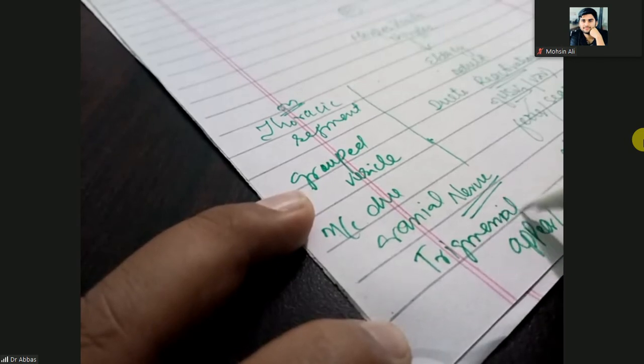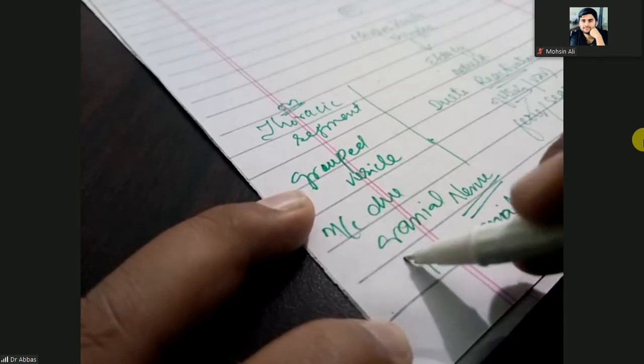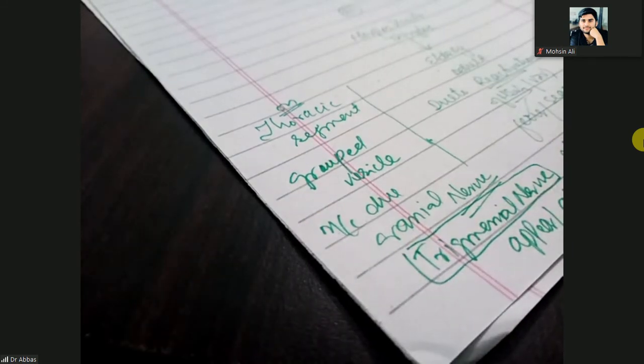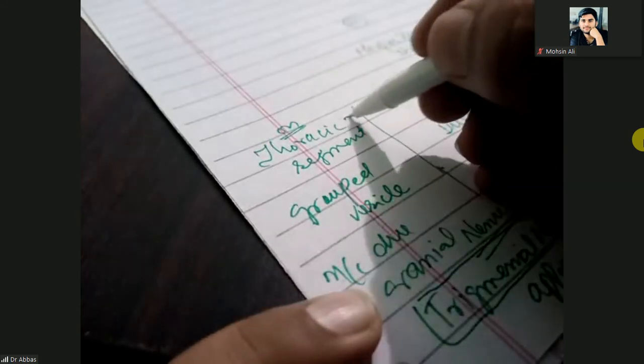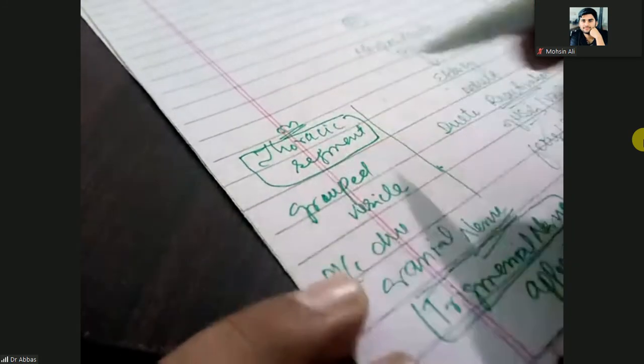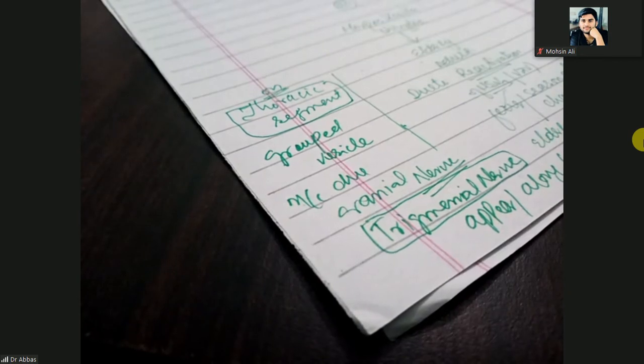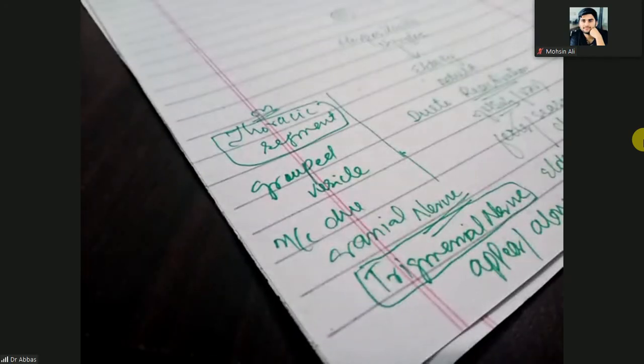So these shingles, or grouped vesicles, will appear on the segment along the trigeminal nerve, wherever the nerve passes through, and in that area there will be shingles. These are in a segmental fashion, in the fashion of the trigeminal nerves.